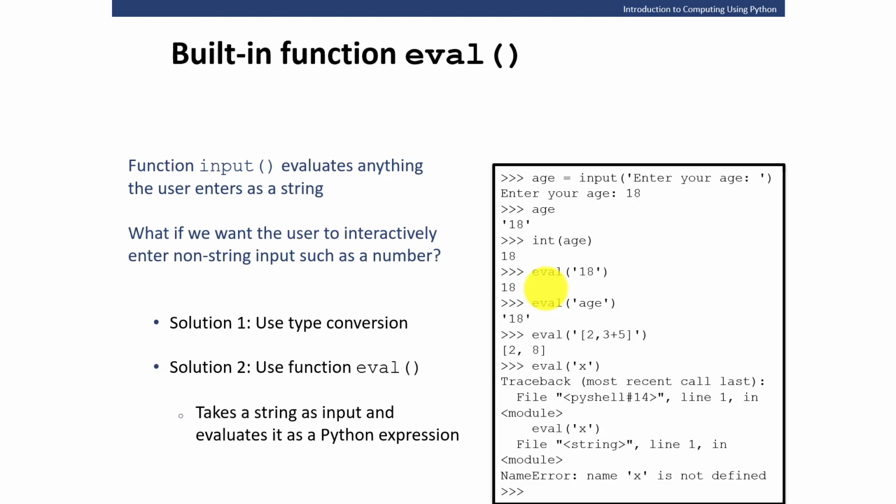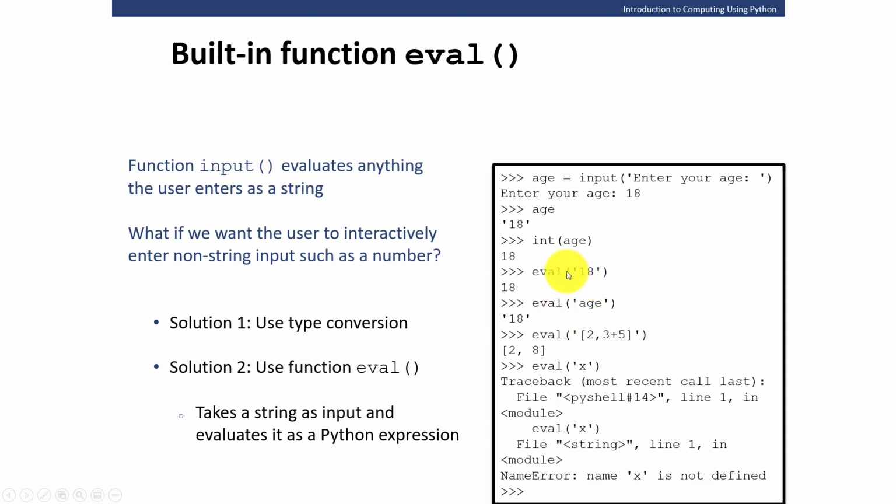The other solution is to use another built-in function called eval. So eval will do the easy job for us. Instead of wrapping the input function with the constructor, we can wrap it with eval, and eval automatically will give us the targeted data value that we want.